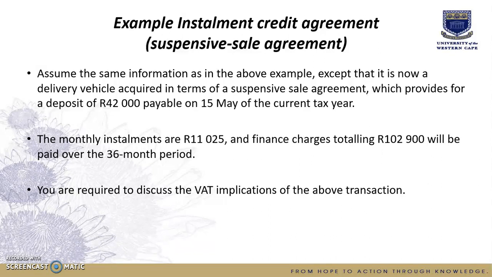Right, so let's see what happens when we've got a suspensive sale agreement. Assume the same information as the above example, except that it is now a delivery vehicle acquired in terms of a suspensive sale agreement, which provides for a deposit of 42,000 payable on the 15th of May of the current tax year. The monthly installments are 11,000 and finance charges totaling 102,900 will be paid over the 36-month period. We're required to discuss again the VAT implications of the above transaction.